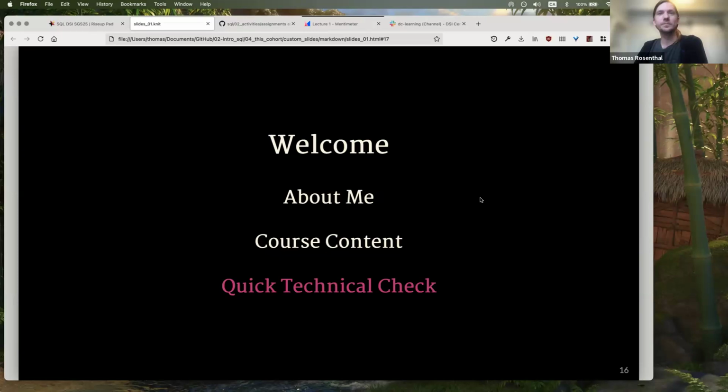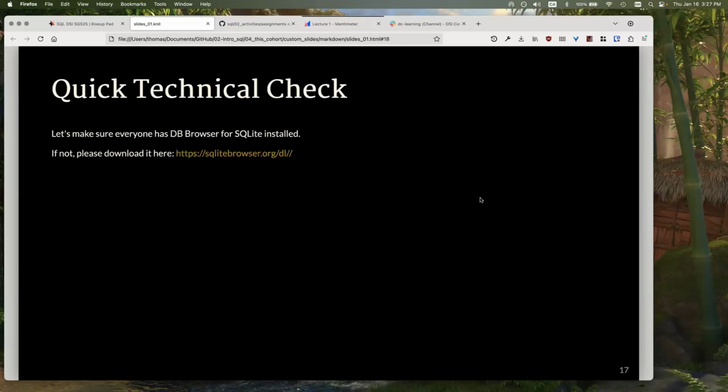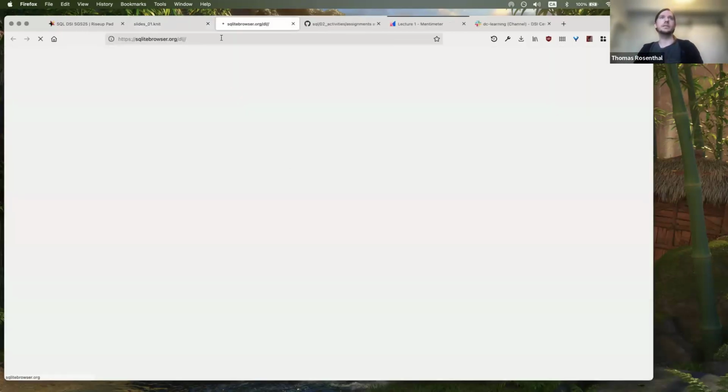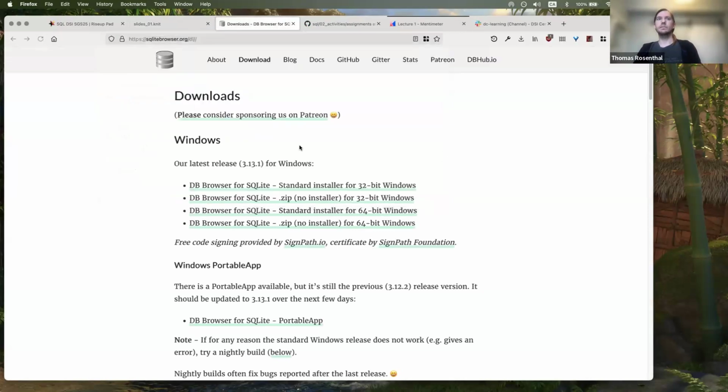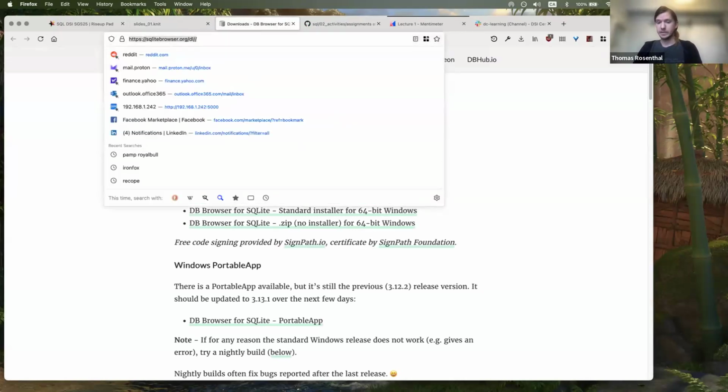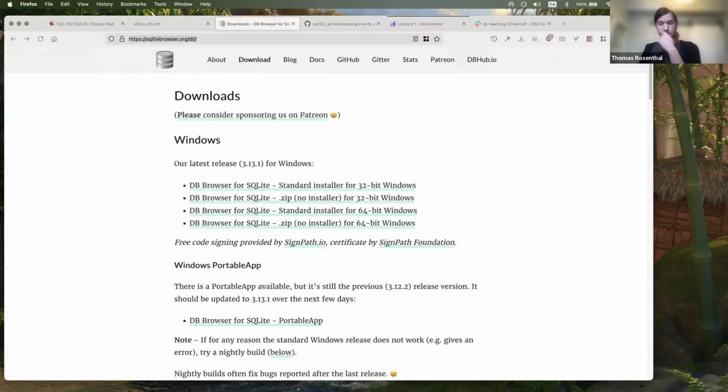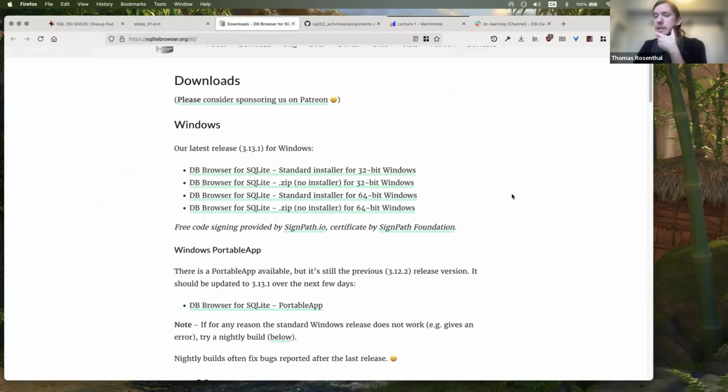Thanks so much. Okay, just a note here on installation. If you don't need to do this right now, but here are the downloads for DB Browser for SQLite. The typical issues with downloads are picking 32-bit instead of 64-bit if you're on Windows. Sometimes, if you do not have admin rights on Windows, you can use the portable app, which does not require admin.